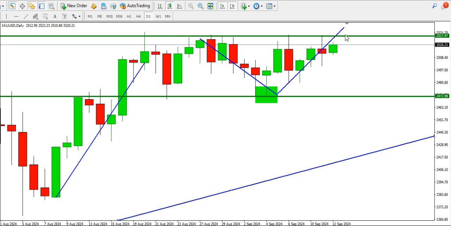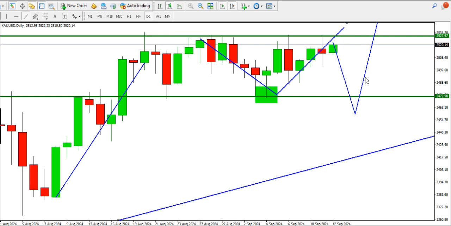So we have more liquidity at the top than we have at the bottom. We won't be surprised if price is able to sweep this liquidity around here and push up.